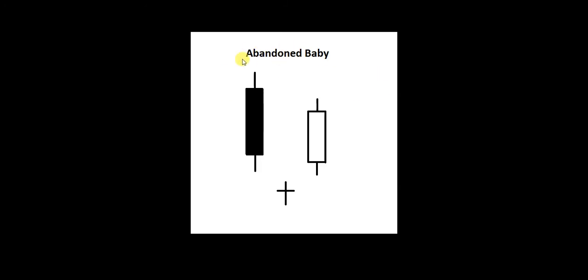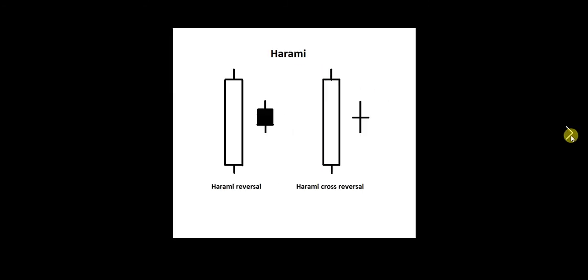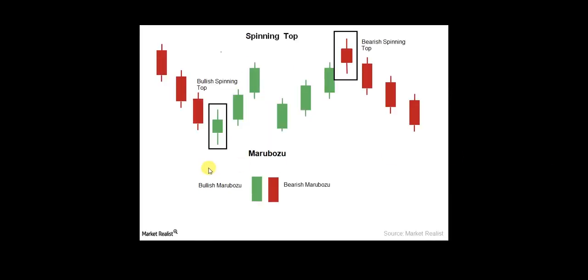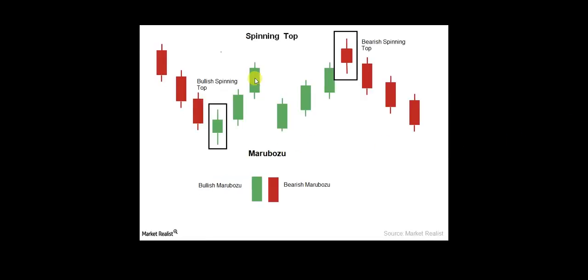Okay, and also abandoned baby and sometimes doji, but engulfing, hammer, hanging man, and stars are very common, and your success rate will be very high if you use these patterns.